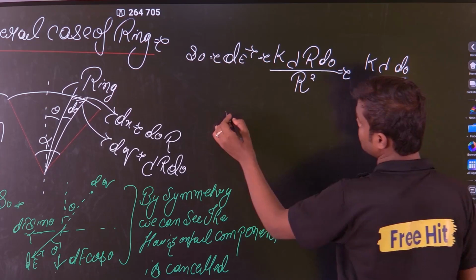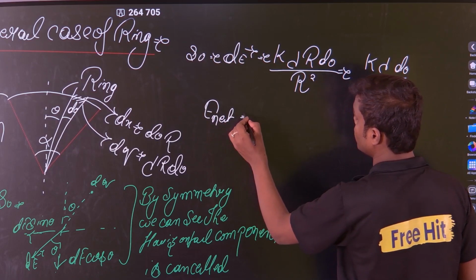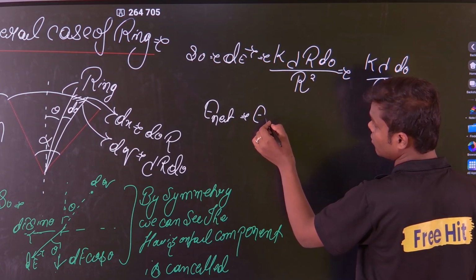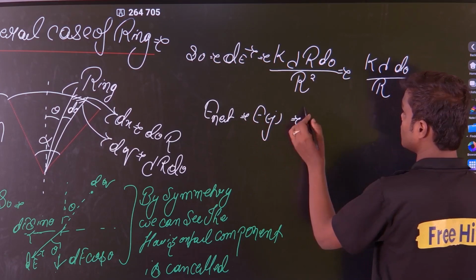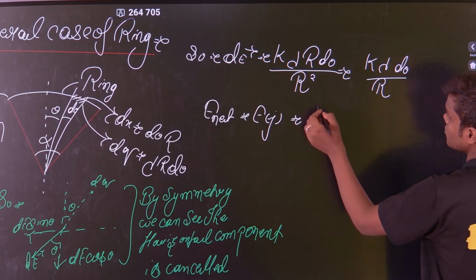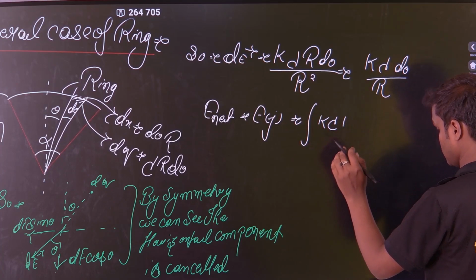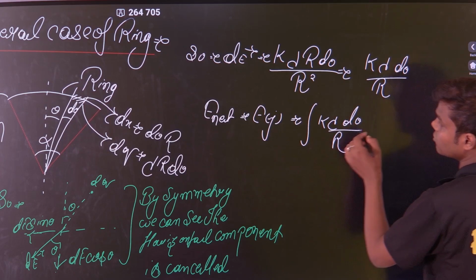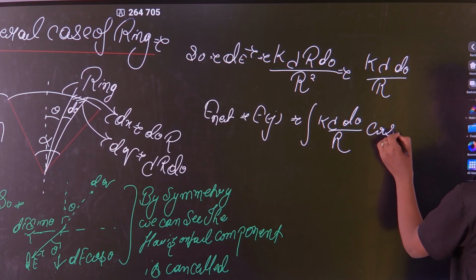Correct. Now my E net, this will be what? This will be E in the vertical direction, or you can say minus j cap, better to say minus j cap. Integration of K lambda d theta divided by r, and the value is cos theta.